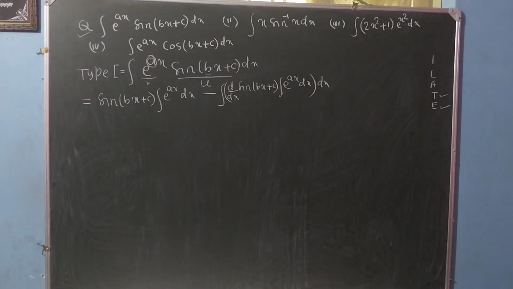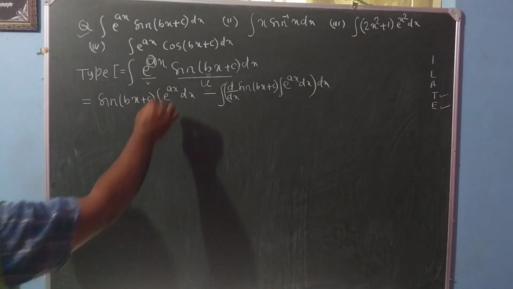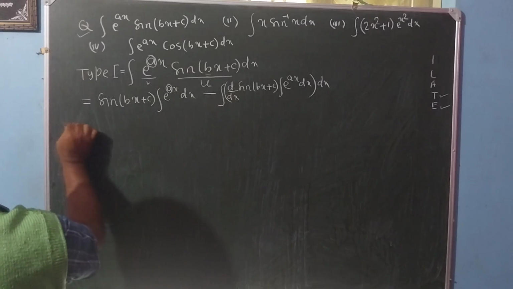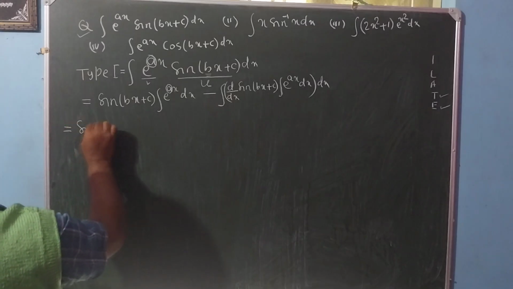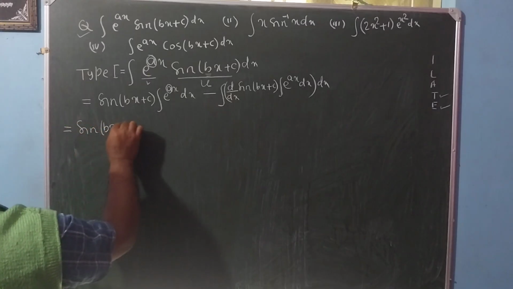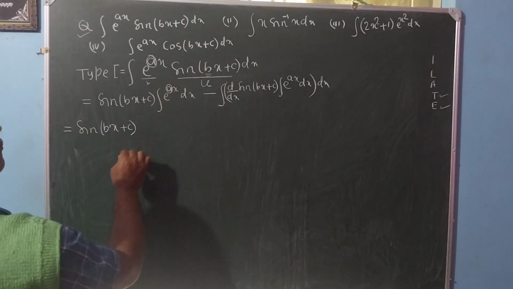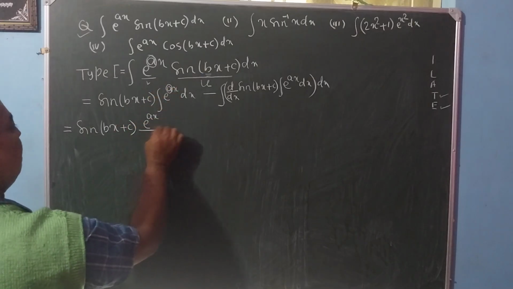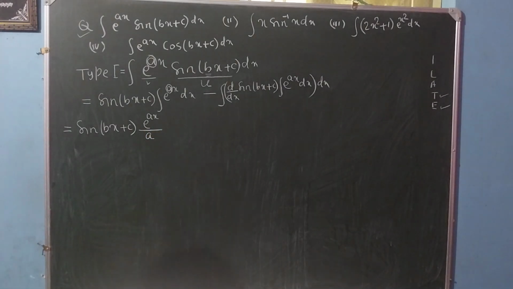We know that the integration of e to the power ax is e to the power ax by a, since the coefficient of x must be divided.